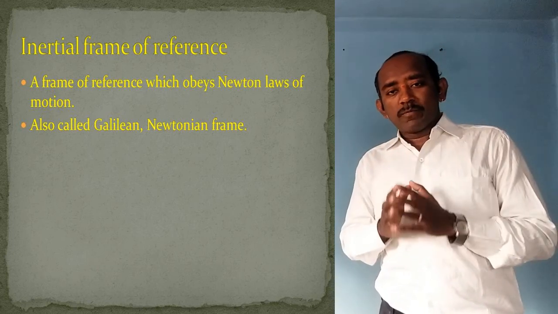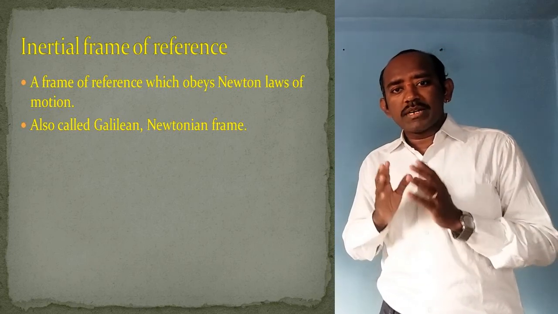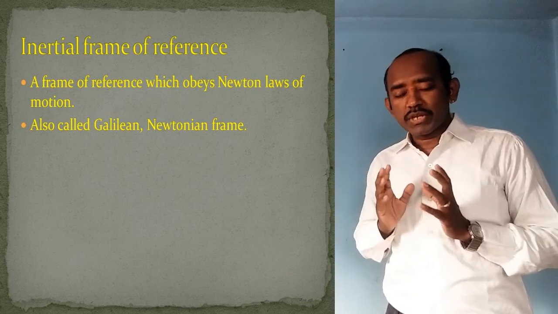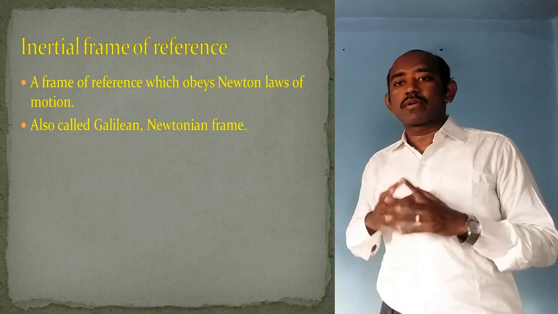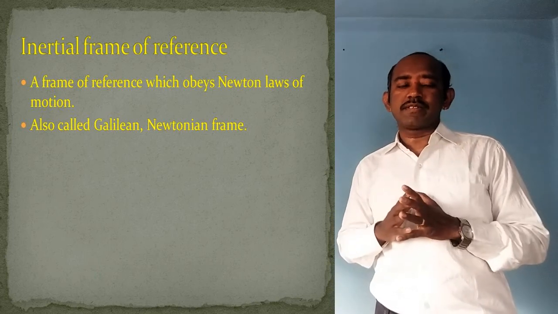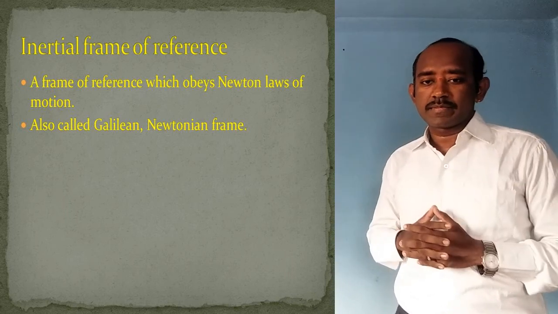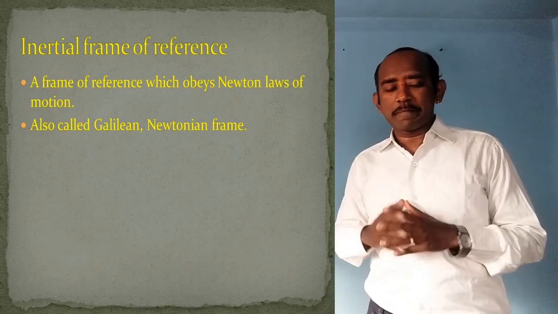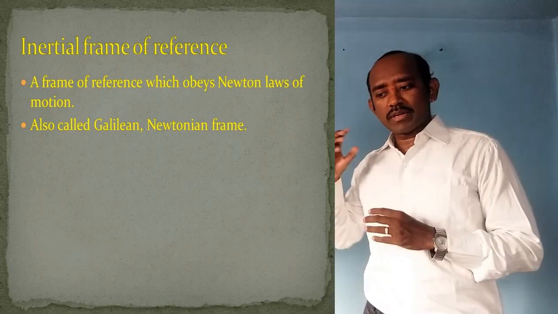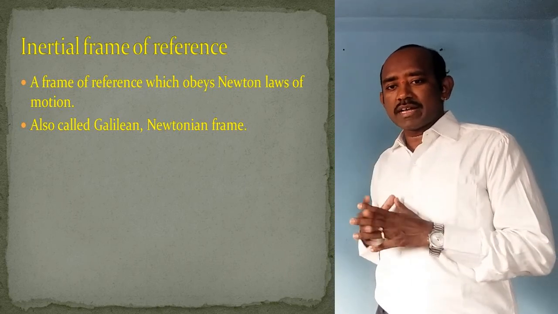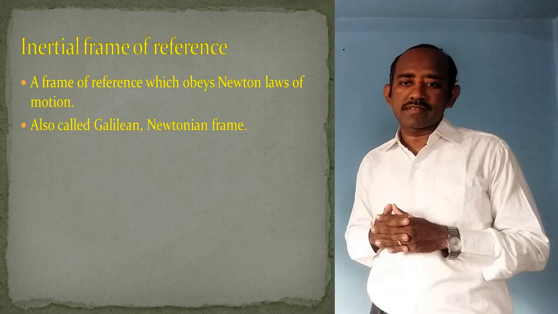A frame which obeys Newton's laws of motion is called an inertial frame of reference, or Galilean frame of reference, or Newtonian frame of reference. So all the things are the same. Here Newton's first law explains inertia, that's why we call it the Newtonian frame of reference.